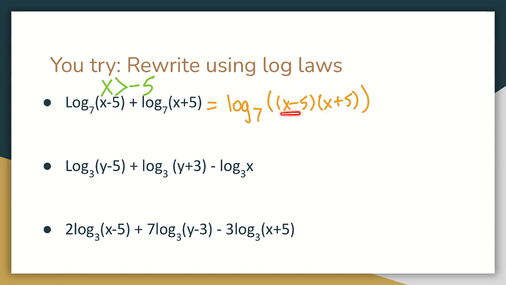But if this is negative and that's negative, then this whole thing will be positive. Is there ever a time where they will both be negative? Well, let's see. If x is -10, this is -15, and this is -5. Oh yeah. All right. So if x is -6, this will be -11. This will be -1.